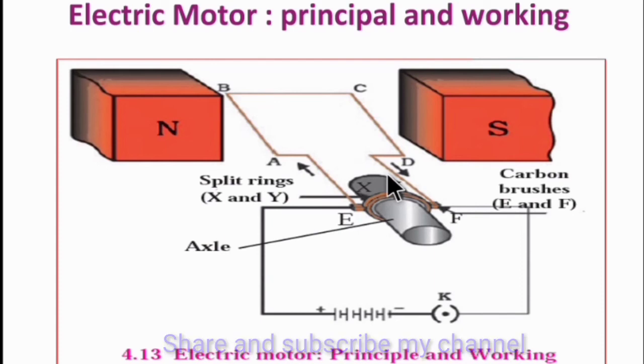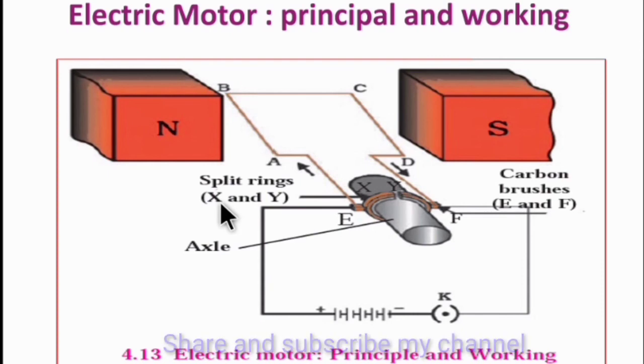After half a rotation, the two halves of the split ring, X and Y, come in contact with carbon brushes F and E respectively, and the current in the loop starts flowing in the direction DCBA.